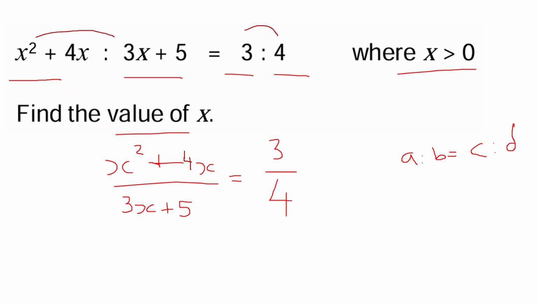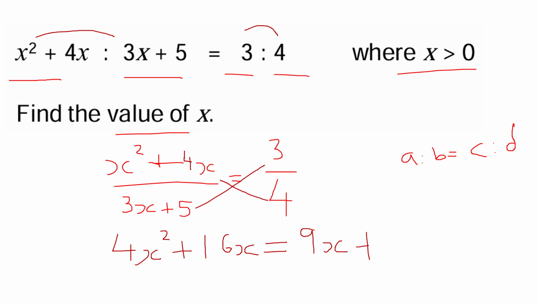I'm now going to solve it by cross multiplying, so multiplying through by 4 and by 3x plus 5. We get 4x squared plus 16x has to equal 3 lots of 3x plus 5, so 9x plus 15. I'm going to subtract 9x on both sides and subtract 15 on both sides.